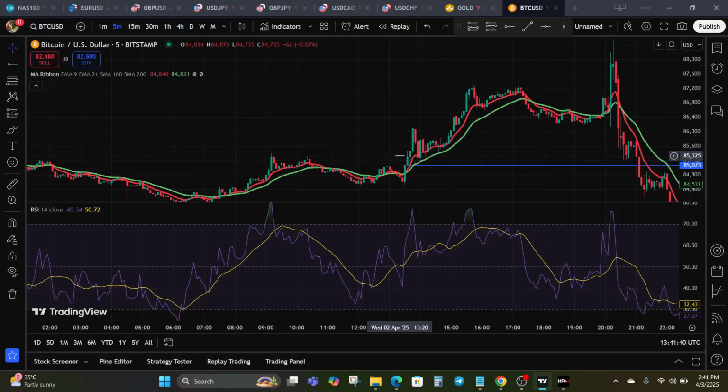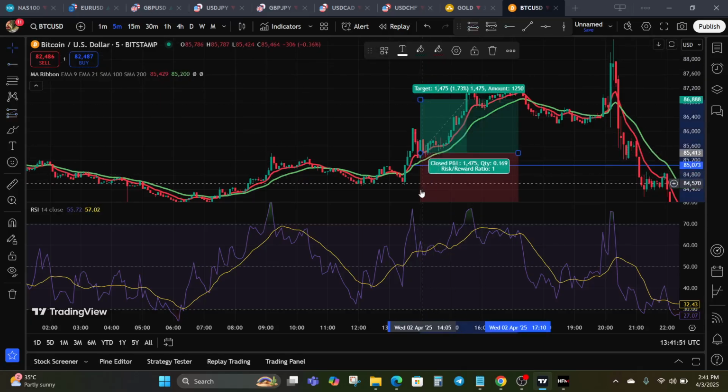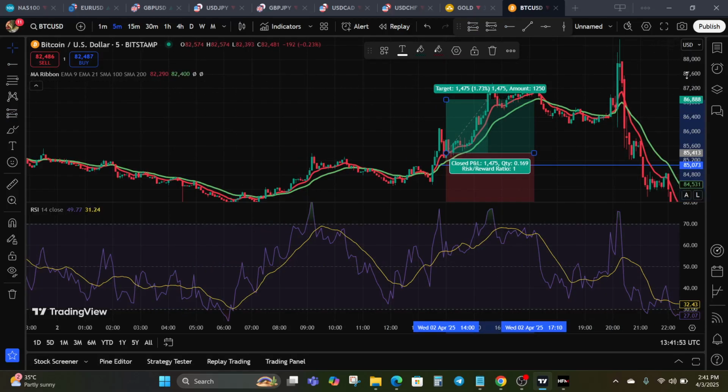So you can enter your buy trade as the price retests and holds above the 9 EMA. You can see that we had a retest around here, right? This would have been a good place to enter your buy.